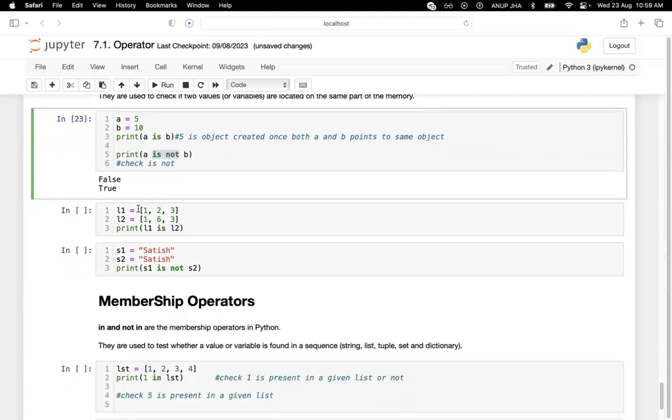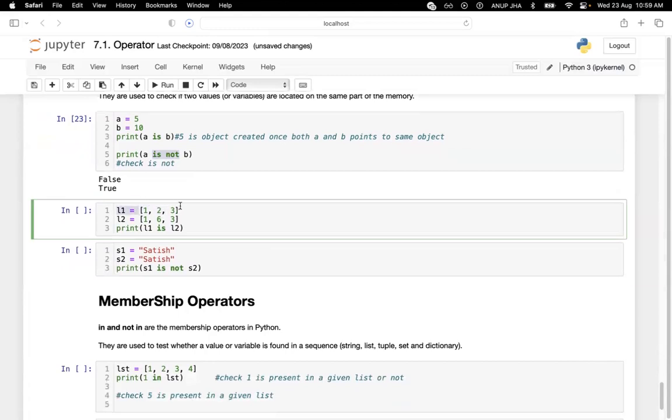This is one list. This list has values 1, 2, 3. And this is another list. This list has values 1, 2, 3. And if I want to print L1 is L2, what output shall I get here?